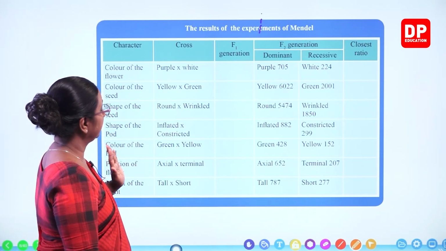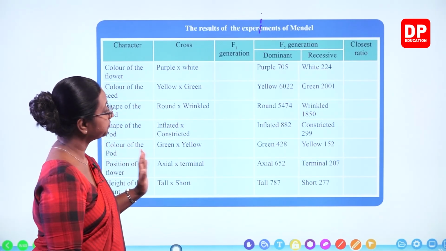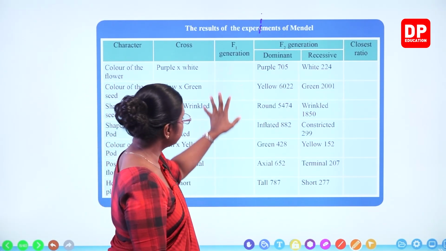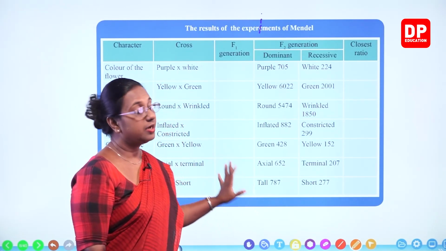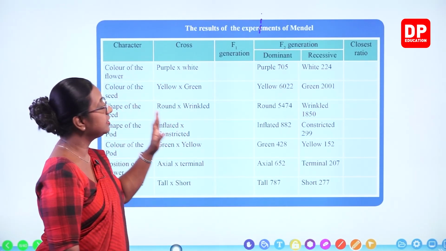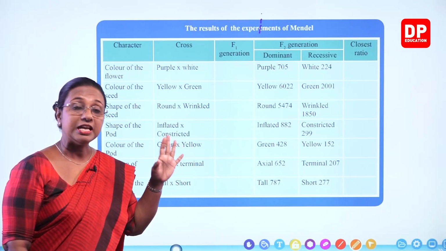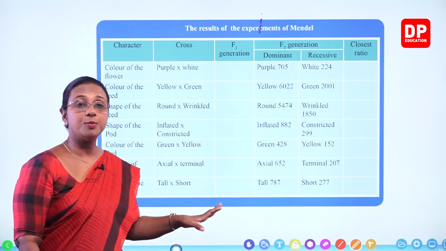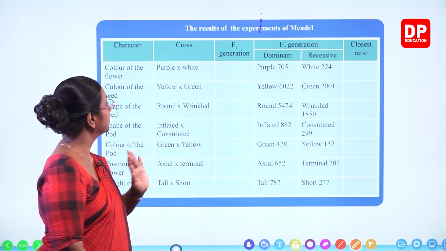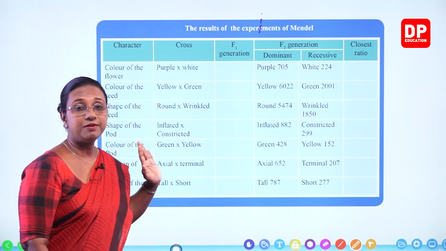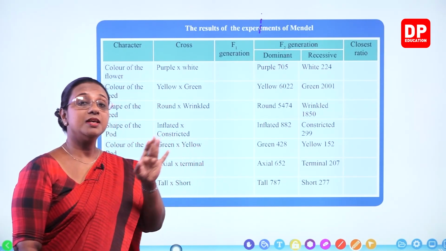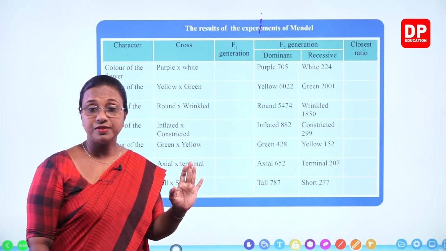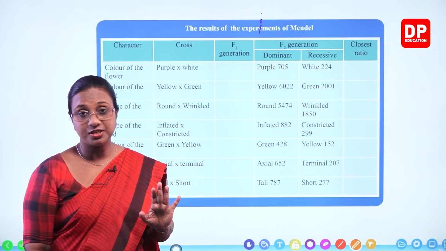So what do you think about the F1 generation? If this is not given to you, you can't just guess which is the F1 generation. It was actually Mendel's observation. What he observed was that purple color flowers were the only flowers produced by plants of the F1 generation.